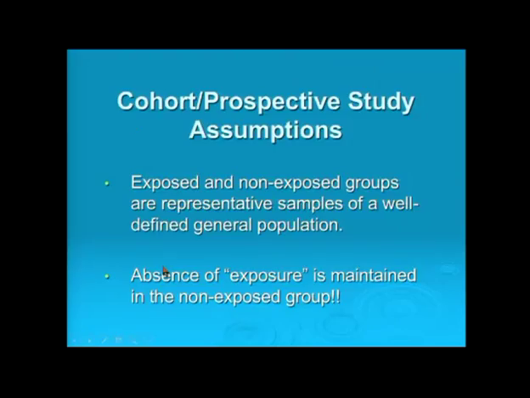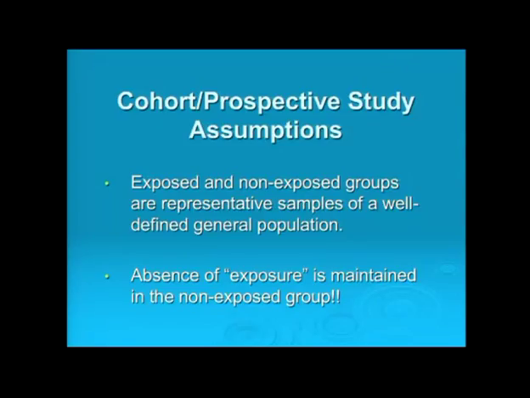And then the second assumption is one that some people have a little trouble with, and that is that we assume that the exposure that we're studying is never, that the non-exposed group never are exposed to the risk factor.